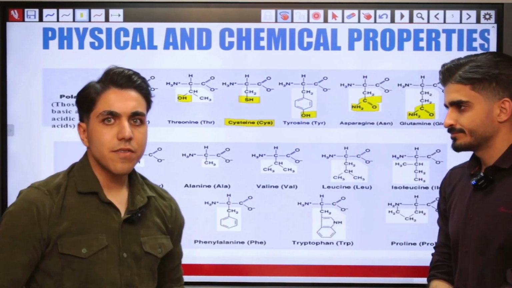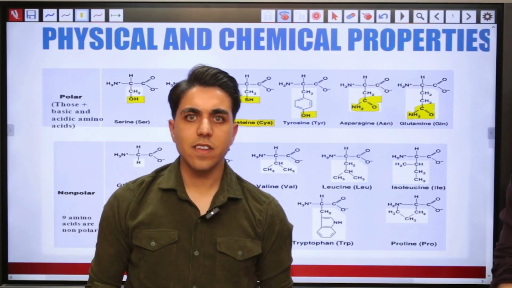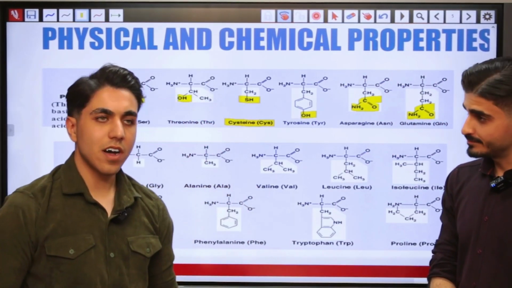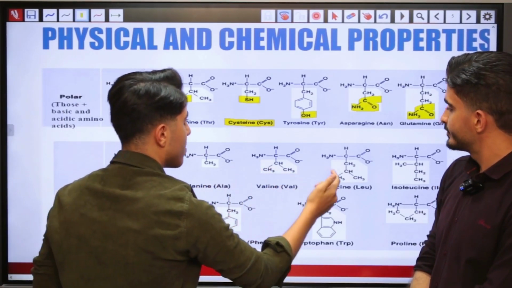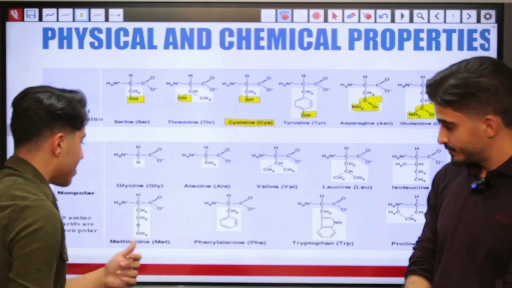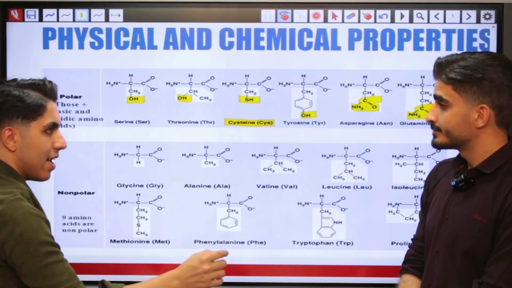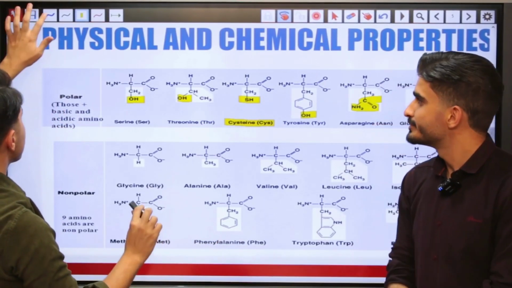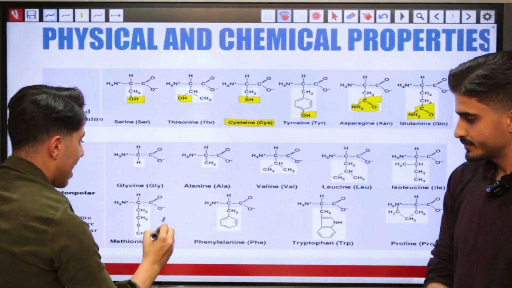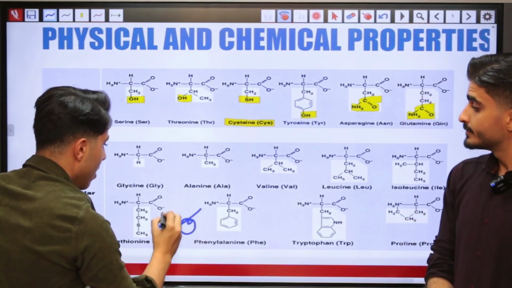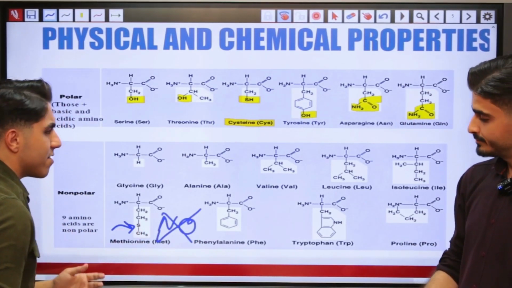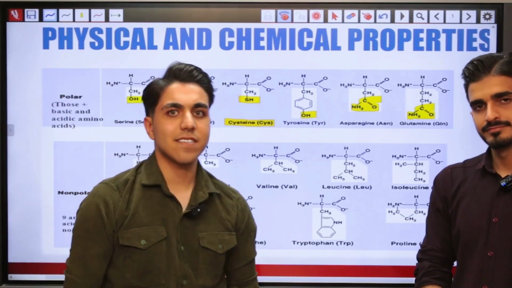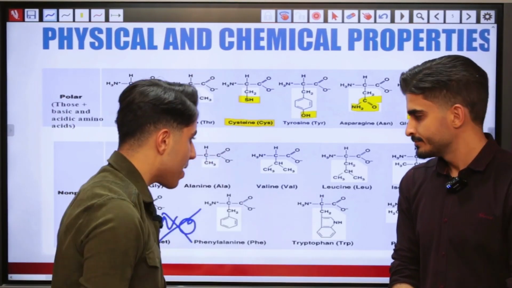Alright. Generally speaking, nonpolars consist only of long chains of carbon and hydrogen. As it's obvious here, they all contain carbon and hydrogen, carbon and hydrogen. In addition to methionine, it lacks nitrogen and oxygen. Furthermore, its sulfur is not terminal or free, resulting in its classification as a nonpolar amino acid.